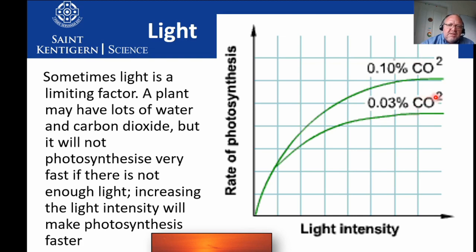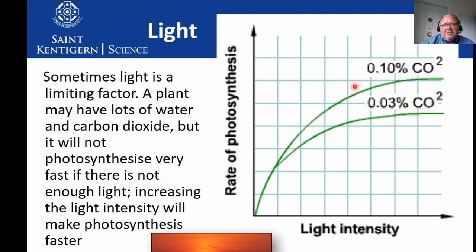So either you're going to not have enough water to maintain the reaction, or you're going to not have enough carbon dioxide to maintain. So in this case, you can see when you have a low concentration of carbon dioxide in the air, 0.03, your rate of photosynthesis would be lower because CO2 will be the limiting factor.